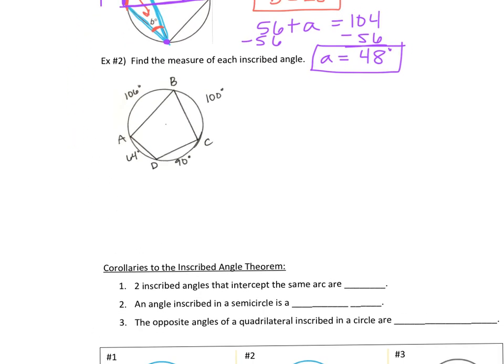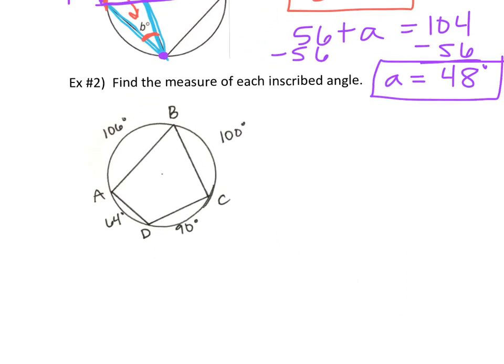Okay, so then this one, what you're looking at is a whole bunch of angles and a whole bunch of arcs that go with them. So if I say find the measure of each inscribed angle, one inscribed angle right here would be angle A. So let's just call this x for now. If I'm looking for the value of x, I want to find the intercepted arc, and my intercepted arc here is that.